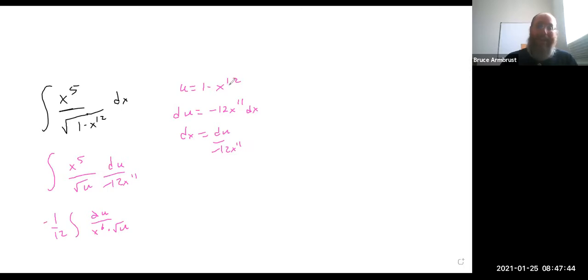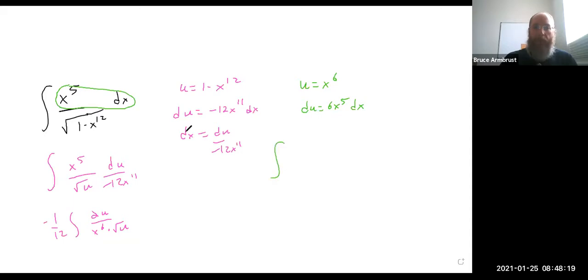So instead, what I'm going to do, and I saw that Devin put this in the chat, let's use u equals x to the 6th. Now, what's kind of driving this as a choice for you, honestly, is the x to the 5th, because if we differentiate this, du is 6x to the 5th dx, and you notice now that x to the 5th dx is all lumped in our u.